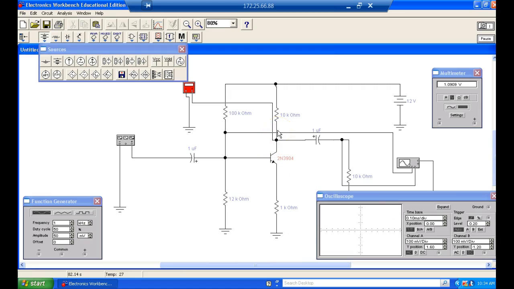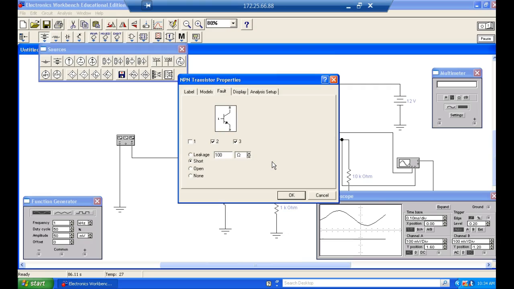There's none going to go that way, right? So we should measure 12 volts right there, and we're measuring like saturation. So the simulation is not right. And I can understand that. I wrote programs before.